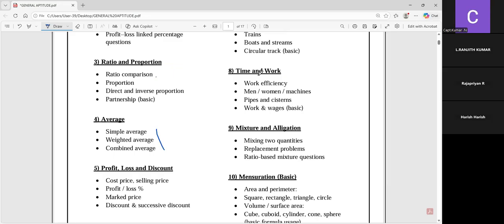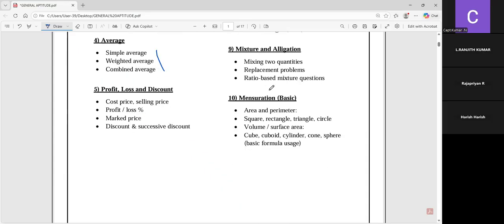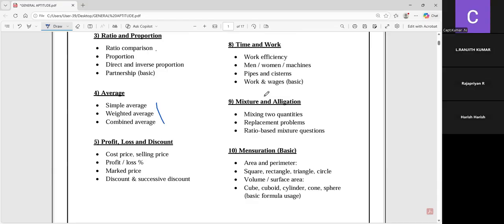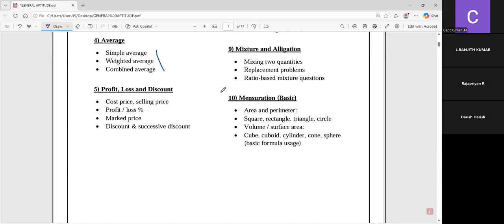Time and work, three types studied: work efficiency, man machines based, pipes, and wages based. And mixing of two, and the basic formulas of measurement are taken: area, perimeter, and square, volume, surface area. Okay, so students.